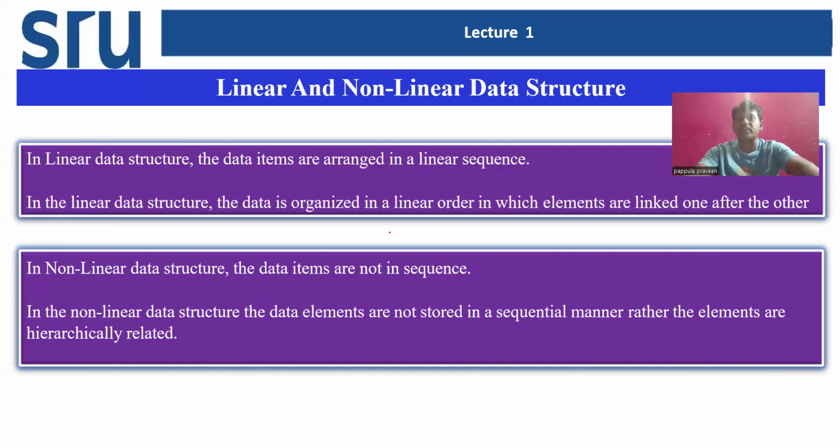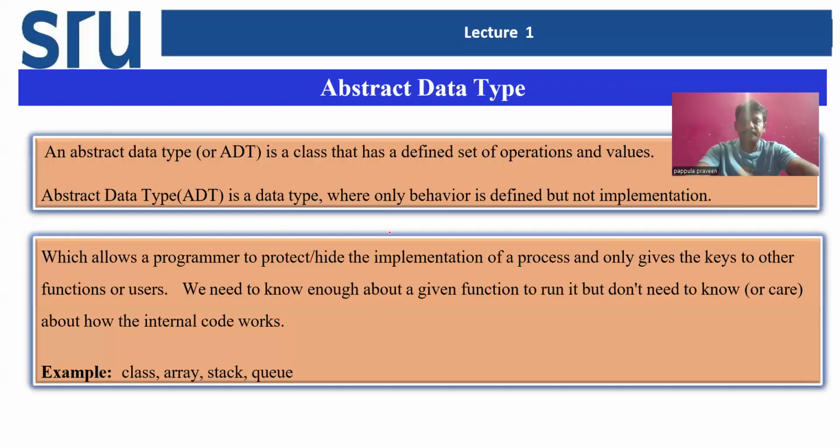The data elements are not stored in a sequential manner; rather, the elements are hierarchically related, which means stored in a tree-structured manner. In linear data structures, the data is organized linearly. In non-linear data structures, the data is not organized linearly; the elements are organized hierarchically.